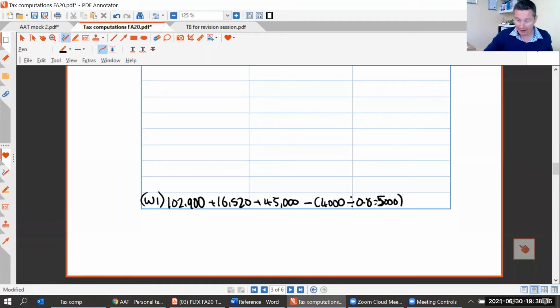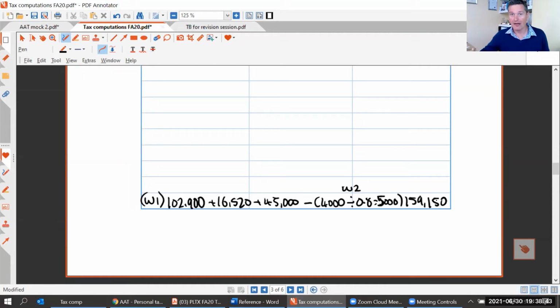And I'm going to be lazy. I'm going to reference that working 2 because we're going to need his gross pension contribution figure later. So that gives us adjusted income of £102,900 plus £16,250 plus £45,000 minus £5,000, which gives us £159,150.